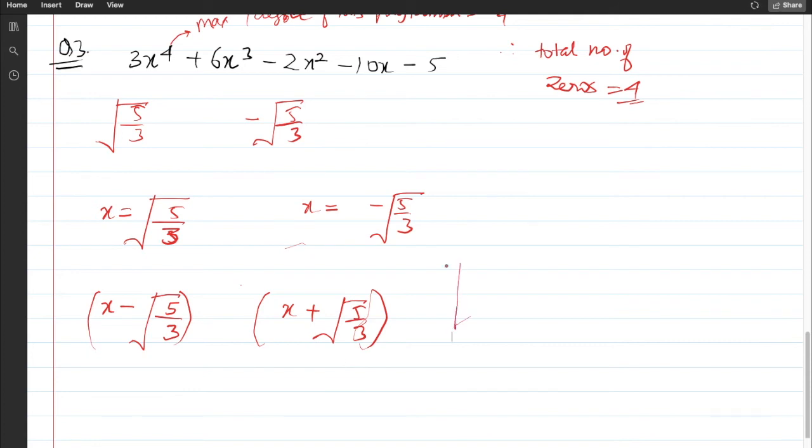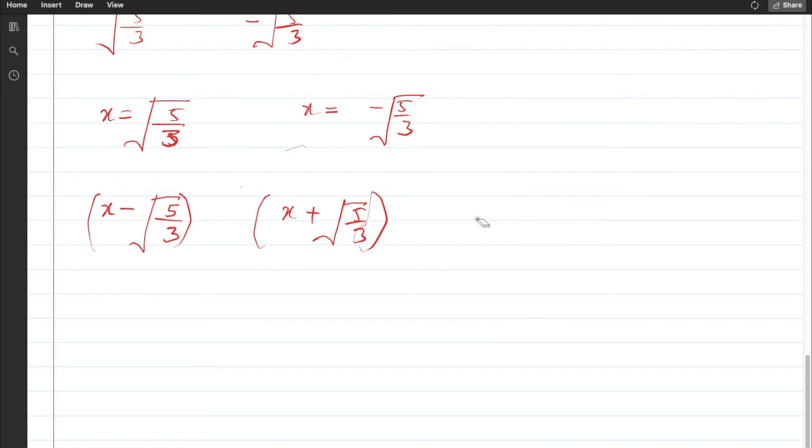Alright, so if you focus over here, then you can see that this is nothing but a minus b times a plus b. a minus b times a plus b is equal to a square minus b square. Alright, so in the same way you can rewrite this whole above part as x square minus 5 by 3 square.